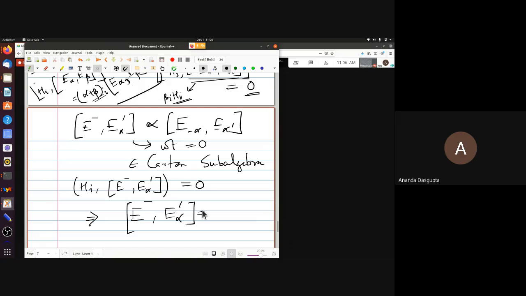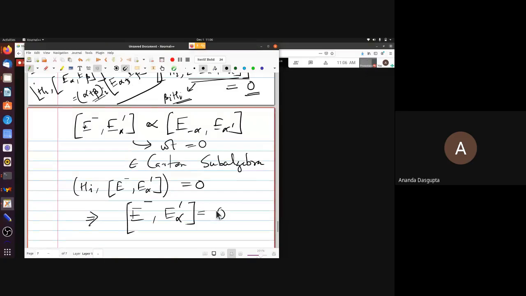A Cartan subalgebra element which is orthogonal to all the basis vectors of the Cartan subalgebra, what can it be? Okay, 0. It's obvious it has to be 0, right? The only vector in a subspace which is orthogonal to all the basis vectors is 0. There are two steps to it.